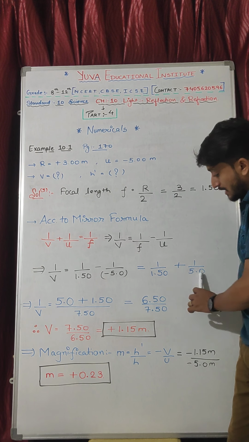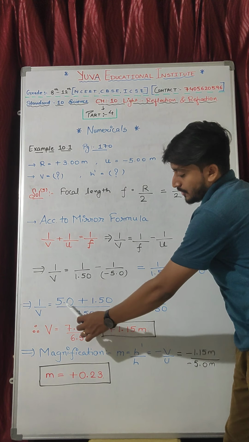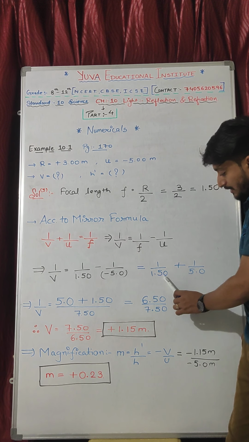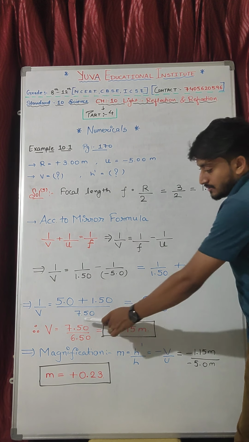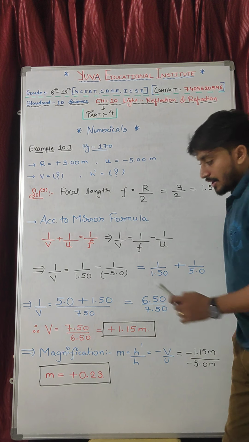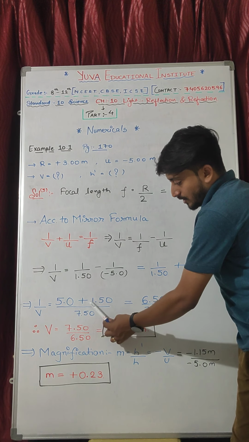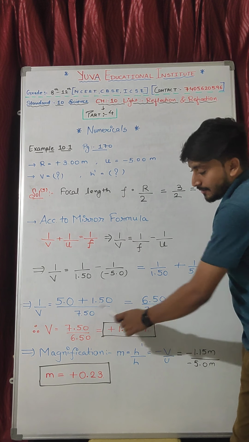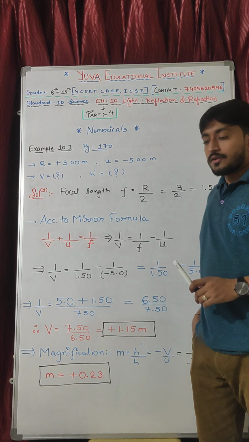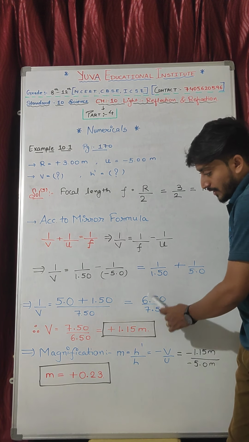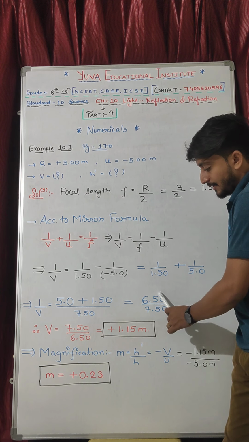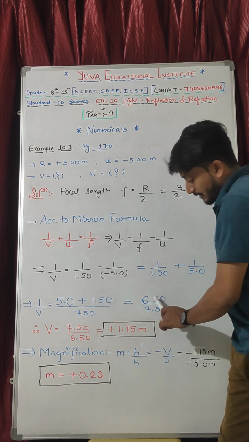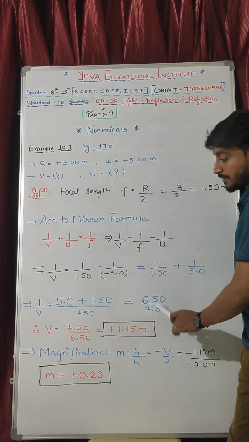Now you have to take the LCM of this, that is 5.0 plus 1.5 upon LCM of 1.50 and 5.0, which is 7.50. Now simply add 5.0 plus 1.50, that is 6.50 divided by your LCM, right? Now solving this, finally you will get 1 upon v is 6.50 upon 7.50.